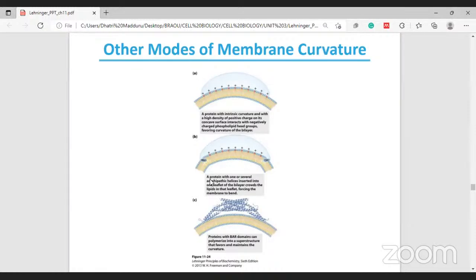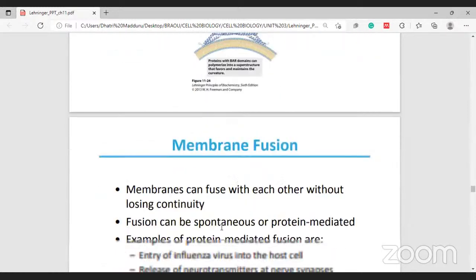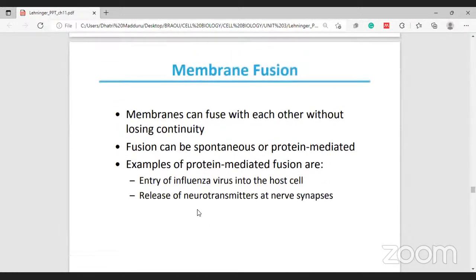Or a protein with one or several amphipathic helices, which are inserted in one leaflet of the bilayer, can also result in curvature. And proteins with BAR domains can polymerize into superstructures and help maintain the curvature. So these are different conditions.